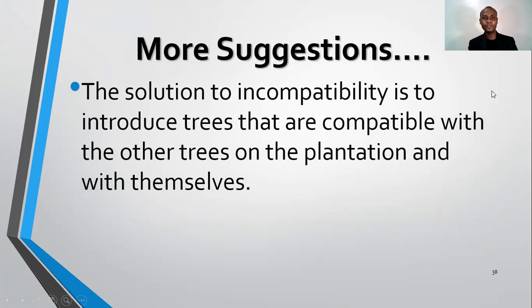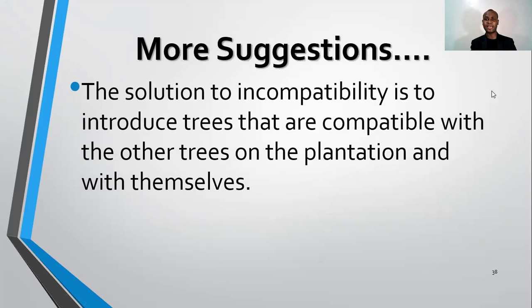Some more suggestions. The solution to solve incompatibility is to introduce trees that are compatible with the other trees on the plantation, and compatible with themselves.